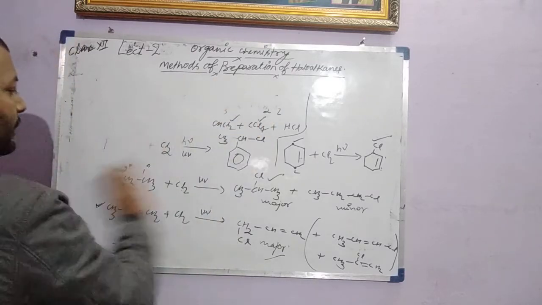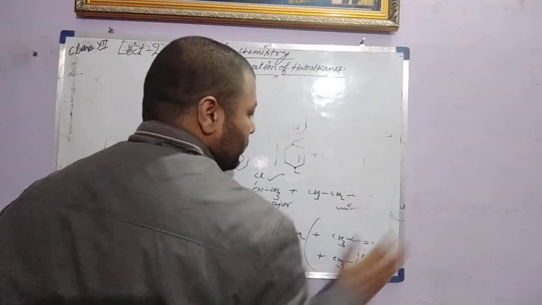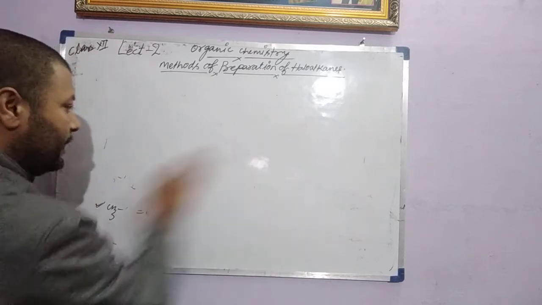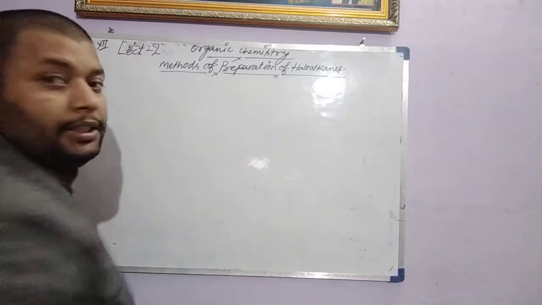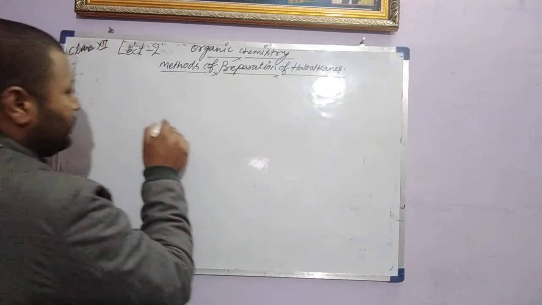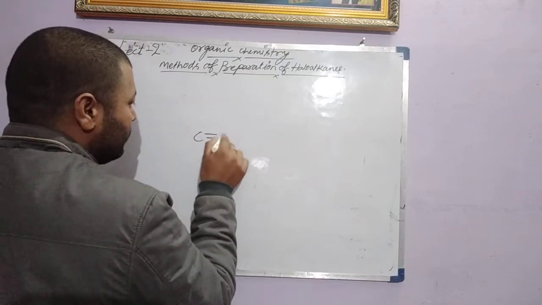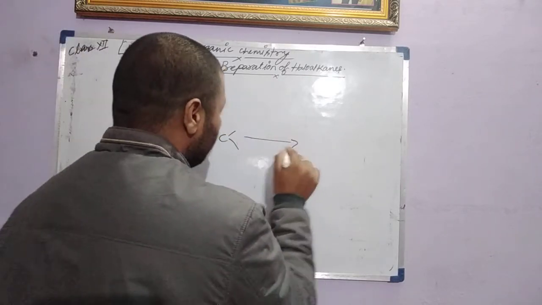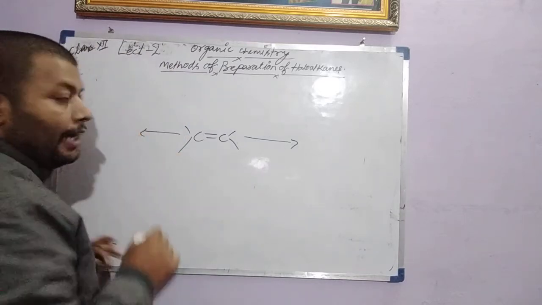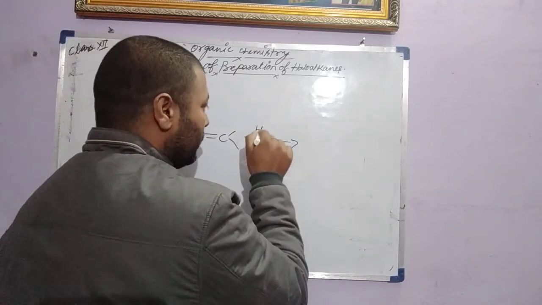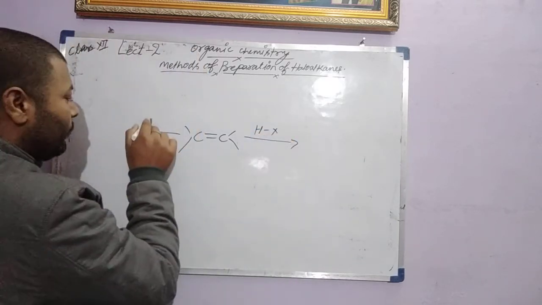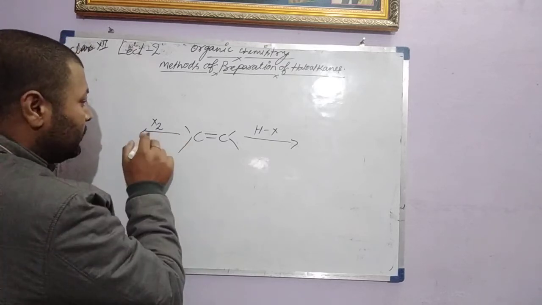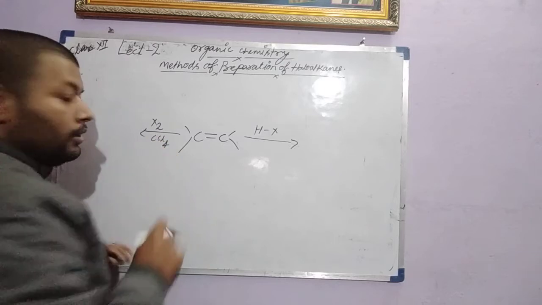Next, after free radical halogenation, we also have another important method to form haloalkanes, and that is called addition reaction. A carbon-carbon double bond has two different possibilities of making haloalkane. One is the addition of hydrogen halide, HX, and the other is X2, halogen in the presence of CCl4, the non-polar solvent.